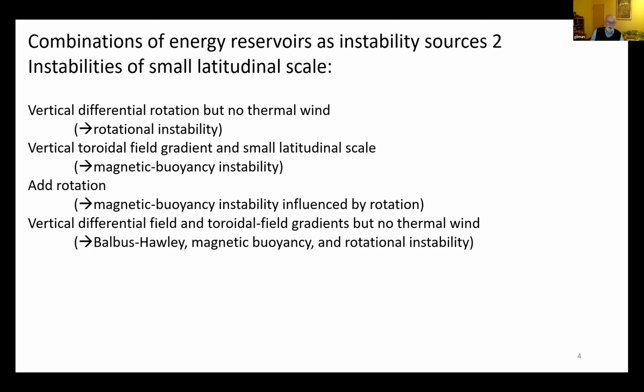You add rotation and you can modify the magnetic buoyancy influenced by rotation. If you have vertical differential rotation and toroidal field gradients but no thermal wind, then you get the Parker or magnetic buoyancy and rotational instability, all those.